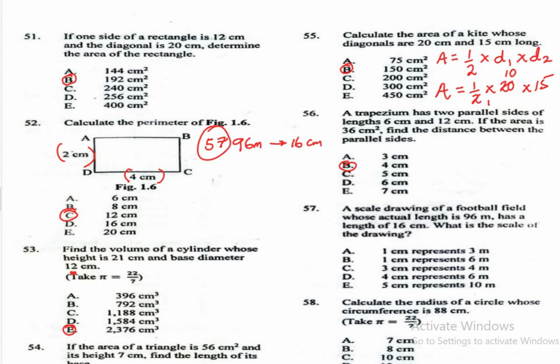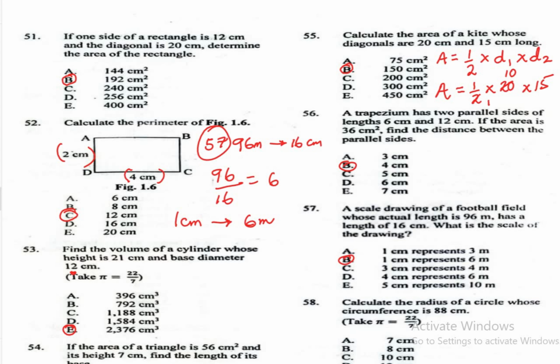So what's the scale of the drawing? That's just 96 divided by 16, which is 6. That means 1 centimeter represents what? 6 meters. The right answer is option B.